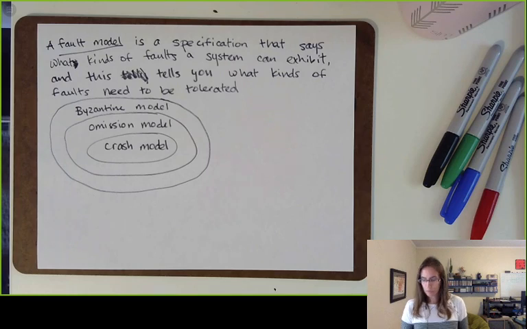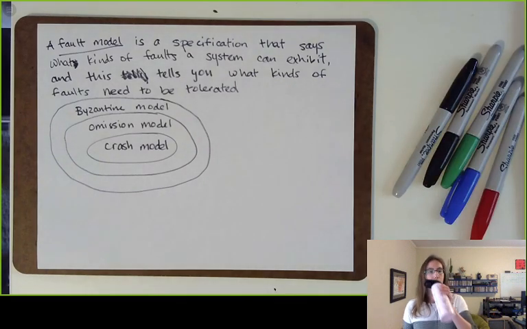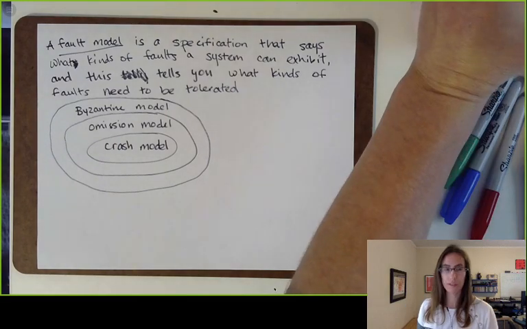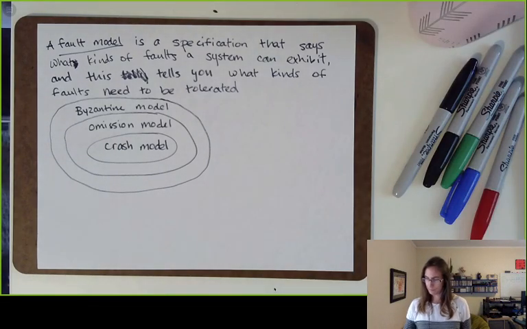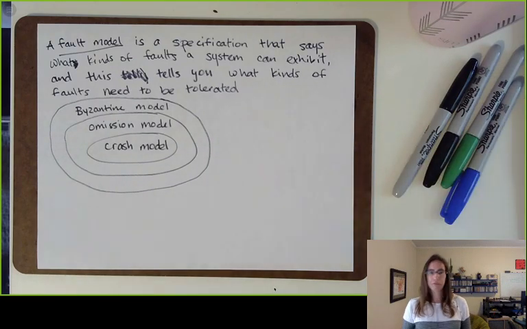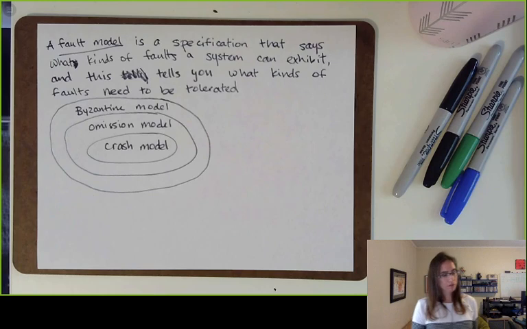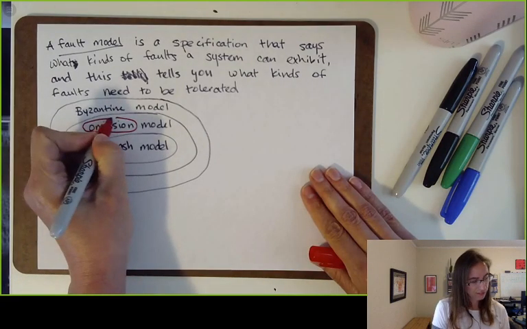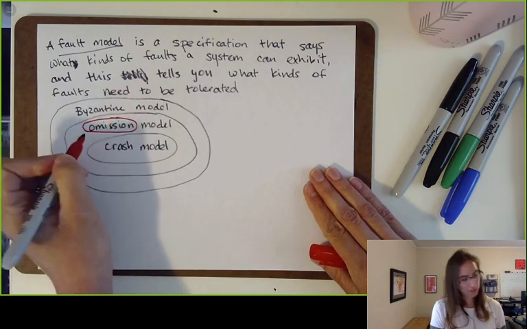So which fault model do you think that we're going to be talking about the most in this class? That's right, yeah. We're going to focus on the omission model. Somebody just says, are we going to focus on the Byzantine model because it's the least forgiving?